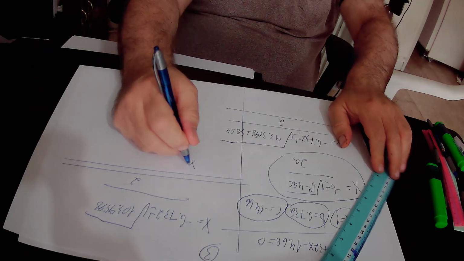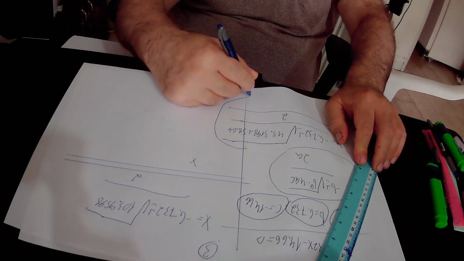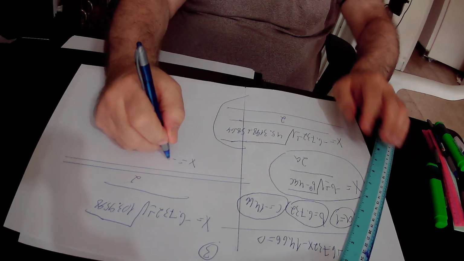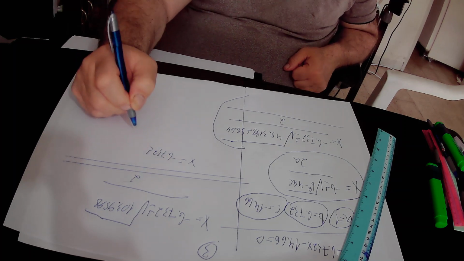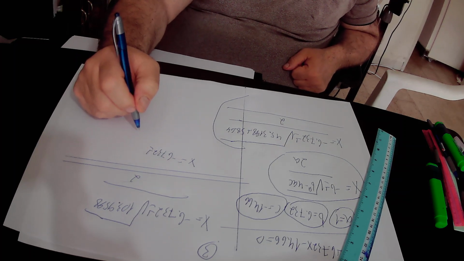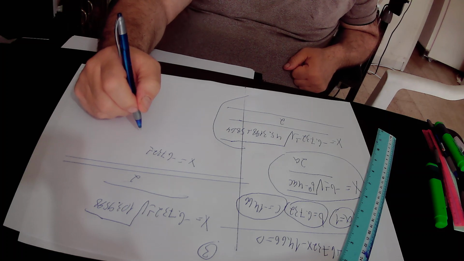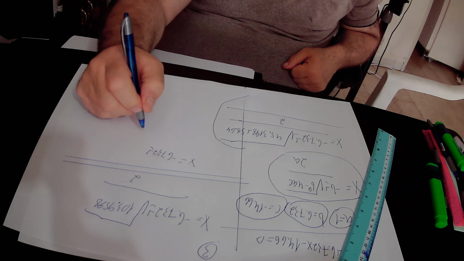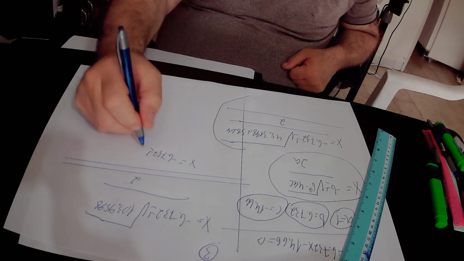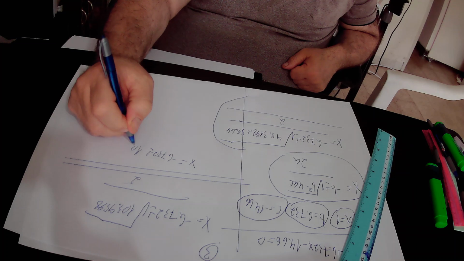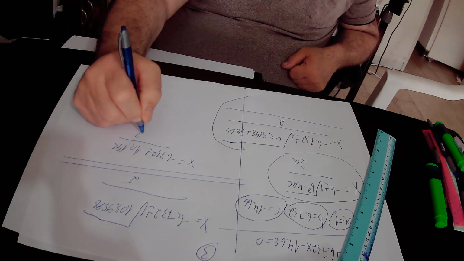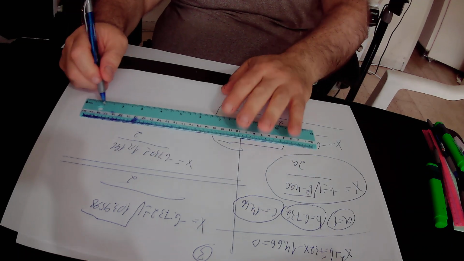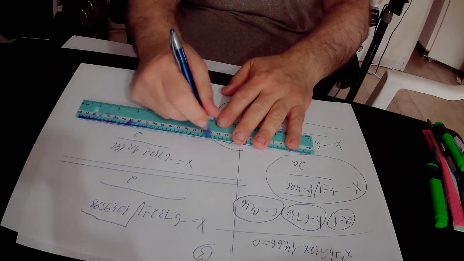So x equals to minus 6.732 plus minus the square root of 103.9598, which is equals to 10.196, divided by 2. So here we'll have two solutions that are possible for x.